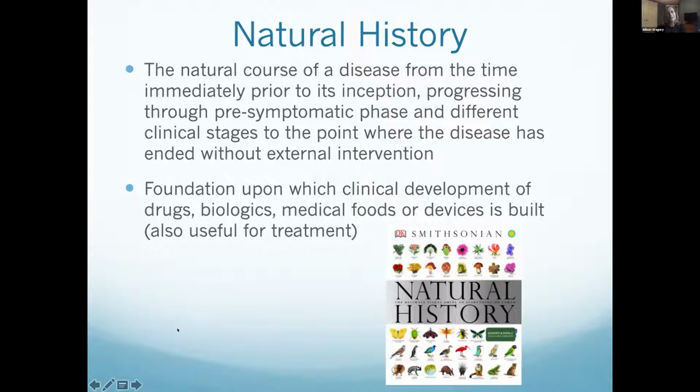So just to touch briefly, because Ivan already did this, natural history is the natural course of a disease from immediately prior to its inception, progressing through different stages to a final endpoint. And he nicely pointed out for us that, while it would be great to monitor natural history without external intervention, that just doesn't happen in PKAN.